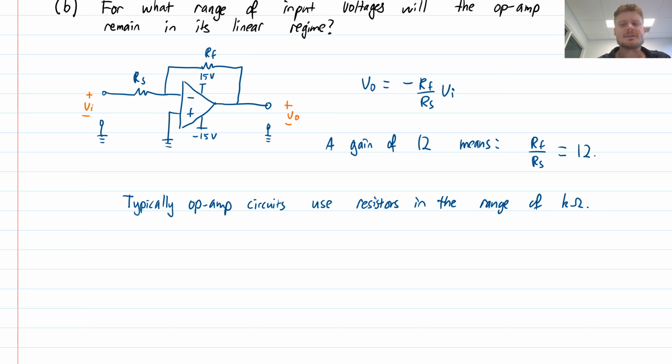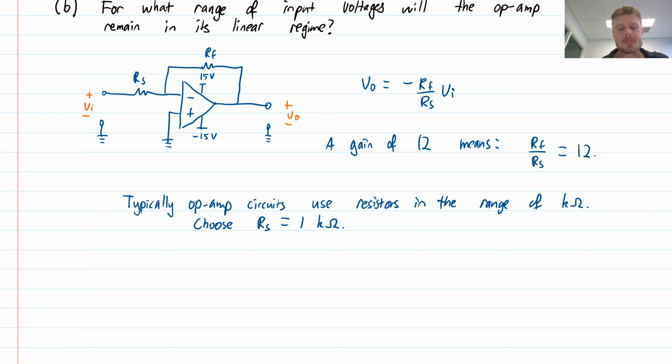So to be consistent with that, we could choose a smaller resistance to be, say, 1 kilo ohm. So let's choose, in this case, RS to be 1 kilo ohm. That would be fine. That would be a completely useful value.